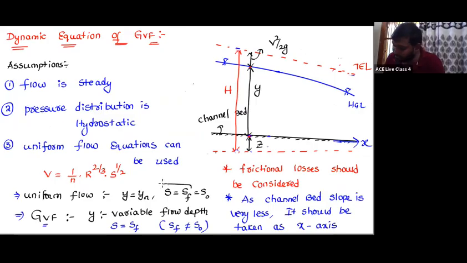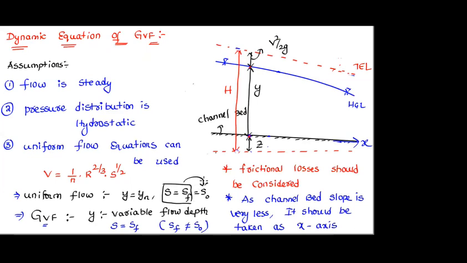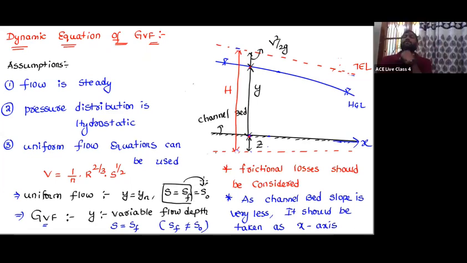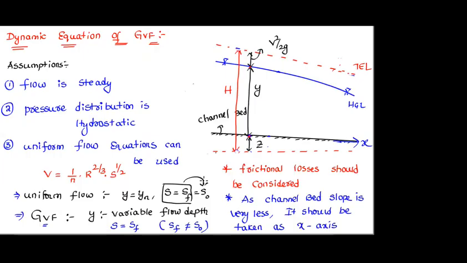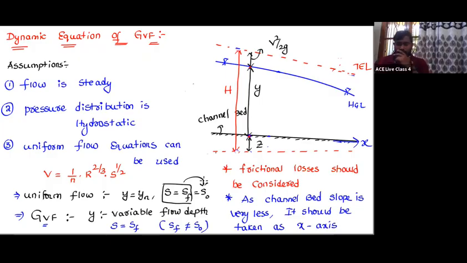But in the case of uniform flow, all the slopes are the same. So that is the reason why I took SF as S naught in uniform flow. But in the case of non-uniform flow, SF is not equal to S naught.